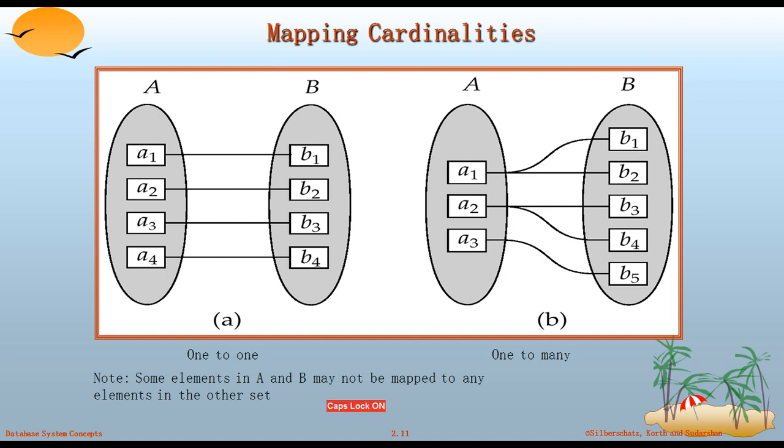Next, in B we can see an entity from A having more than one relationship with B, so it is called one to many. From the A entity, A1 has a relationship with B1 as well as B2. So that is the representation of one to many. Some elements in A and B may not be mapped to any elements in the other set.